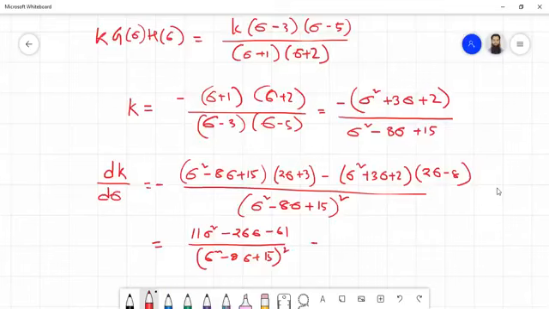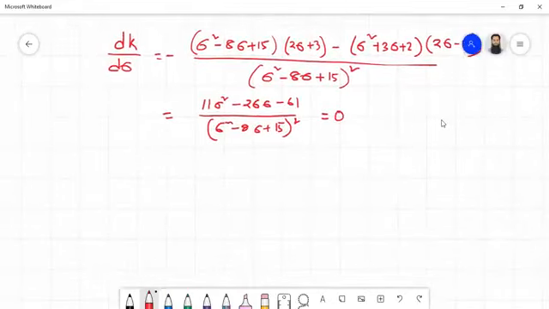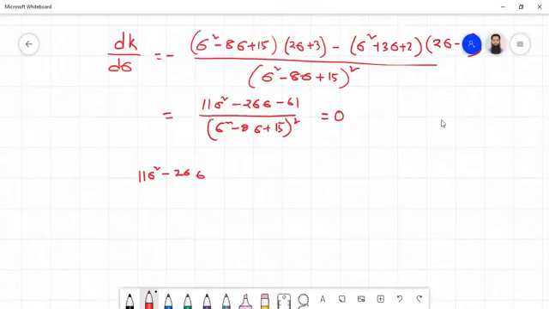So as we know, this has to be equal to 0. So eventually we are not bothered about the denominator. We are only interested in the numerator.